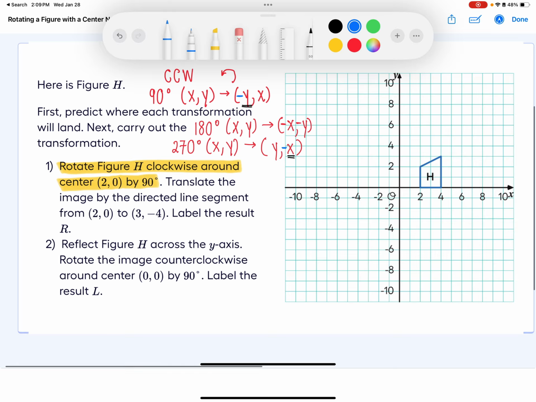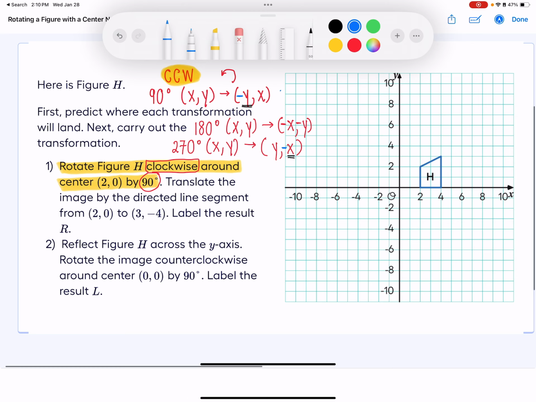So if you remember rules about counterclockwise, we will then have some information about clockwise. Let's just say the problem said clockwise, which it does over here, the one that we're looking at says clockwise by 90 degrees. How can we use this reference to help us determine which rule we're going to use?